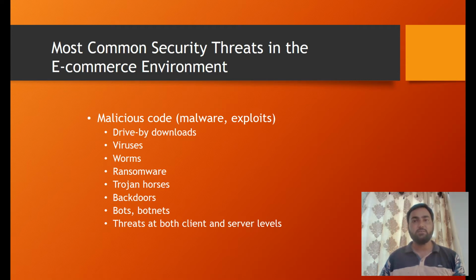When it is downloaded in the system, it gets installed and starts executing itself to cause a breach of security in the form of information theft and resource consumption, etc.